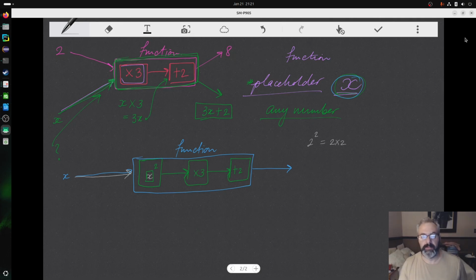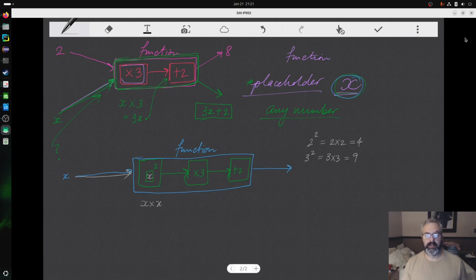Do you agree? That's equal to 4. Or you can take 3, 3 squared is the same as 3 times 3, and that's going to be 9. So when we square the X, what do we have? We have X times X.